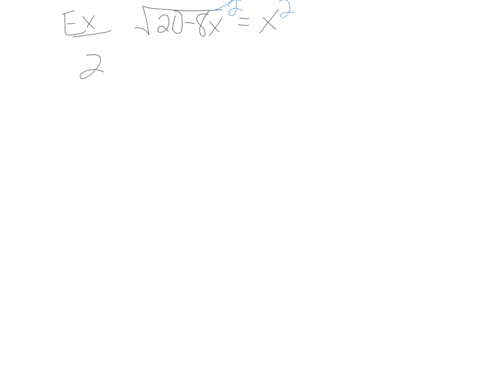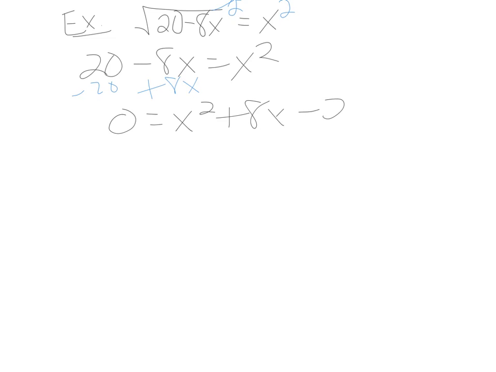So we have 20 minus 8x equals x squared. I have a quadratic now, so let's move all the terms over so that we have 0 on one side. It's much easier if you keep your x squared positive, so I'm going to move the 20 and the 8x. 0 equals x squared plus 8x minus 20. Now I want to see if I can factor that.